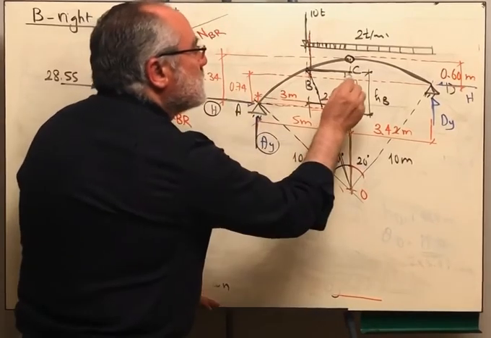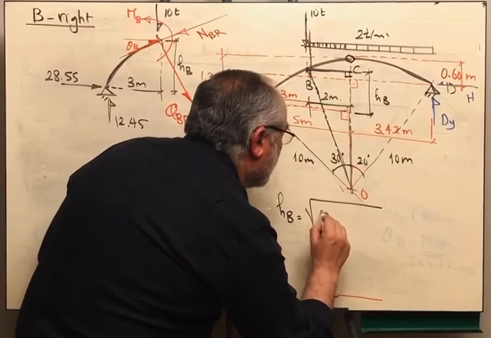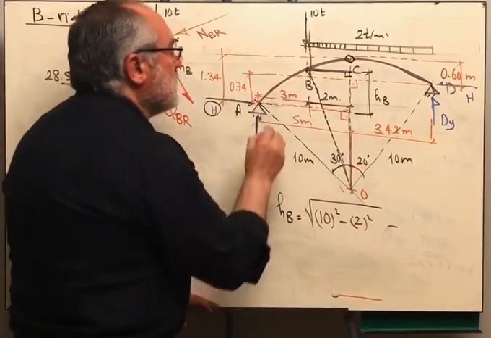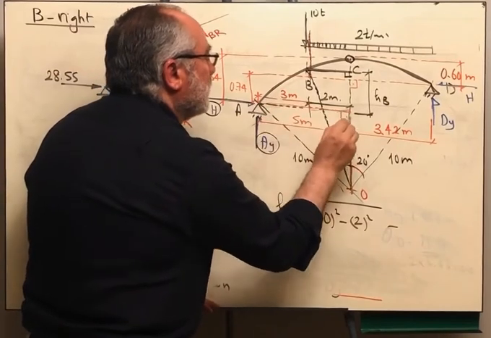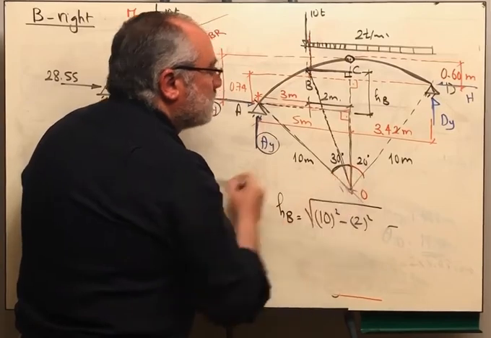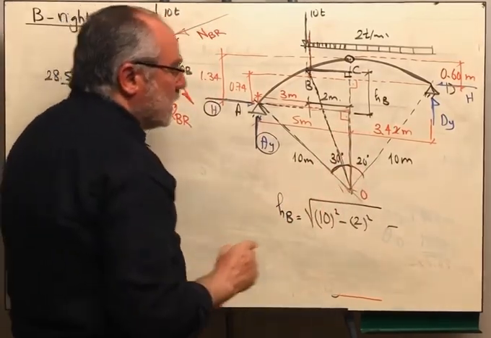Okay, therefore HB will be, this distance is root 10 squared minus 2 squared minus, from this right angle triangle we are having the hypotenuse is 10 and the angle subtended here is 30. This distance should be 10 cosine 30.